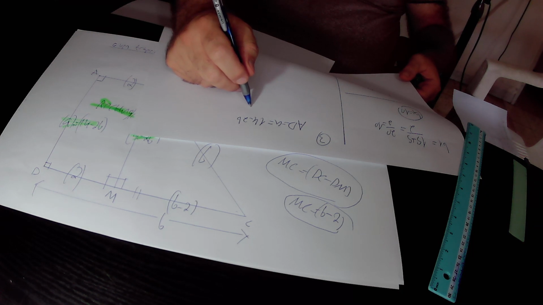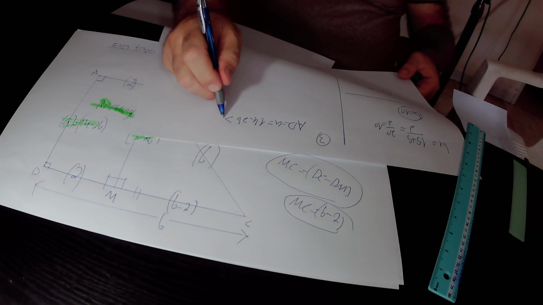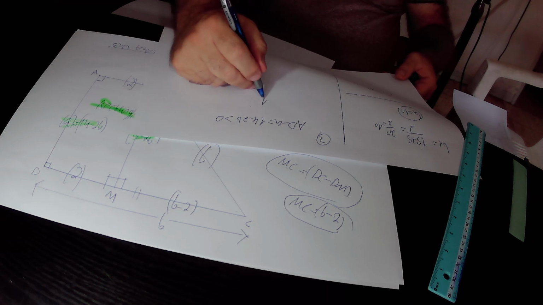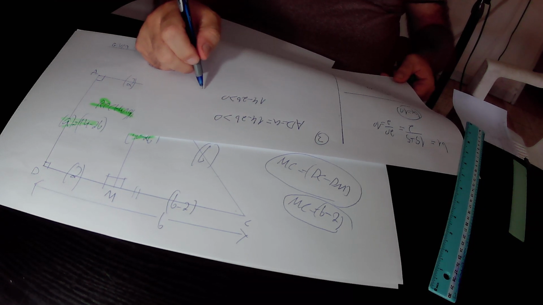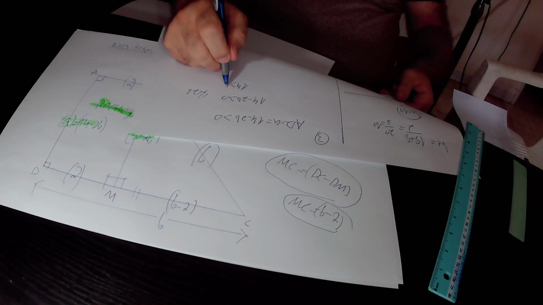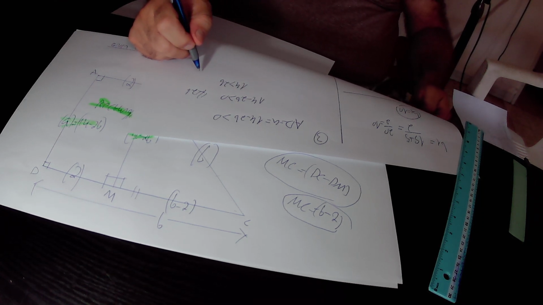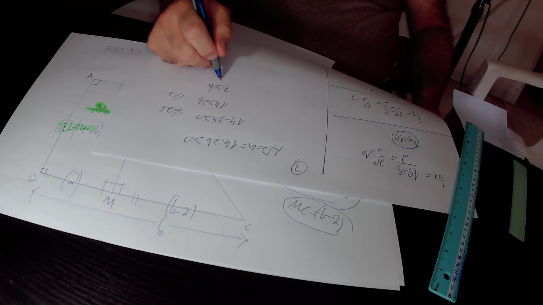This is to say, 14 minus 2b must be greater than 0. So here we add 2b to this inequality, and we get that 14 is greater than 2b. Here we divide this inequality by 2, and finally we get that b is smaller than 14 over 2, which is 7. So b must be smaller than 7.